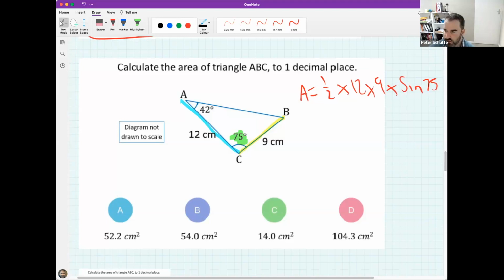Let me just check the calculator. I know you can't see it right now, but I've still got it here next to me. 12 times 9 times sine 75, and you should get 52.2, or A.